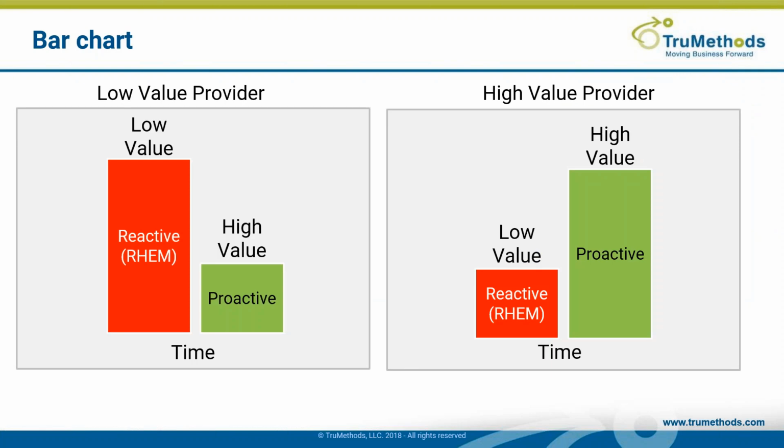So the low value provider spends more of their time on low value services, reactive stuff, right? Fixing problems and doing basic moves, adds, and changes. That's low value stuff. That's bottom of the stack activities. They don't have as much time available to work on the high value things, the proactive services that we highlighted.